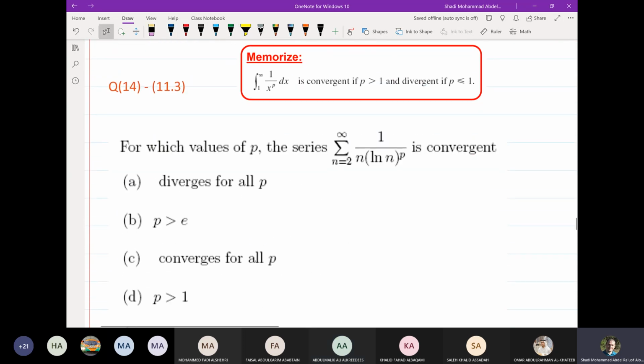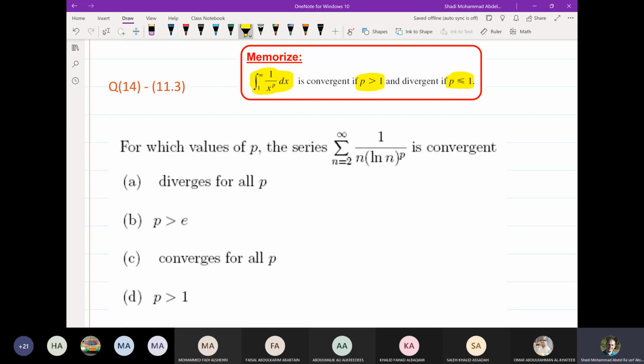Question 14. Don't forget that the integral from 1 to infinity of 1 over x to the power b will converge if b is greater than 1, and diverge if b is less than or equal to 1. This is a rule from the improper integral.